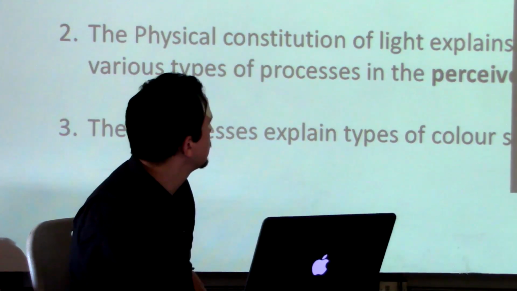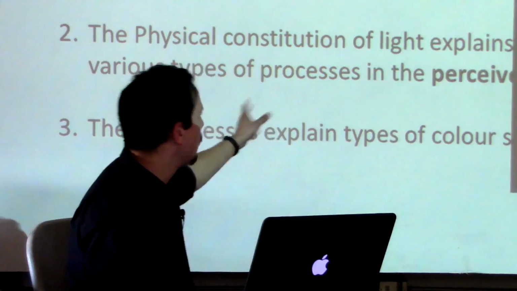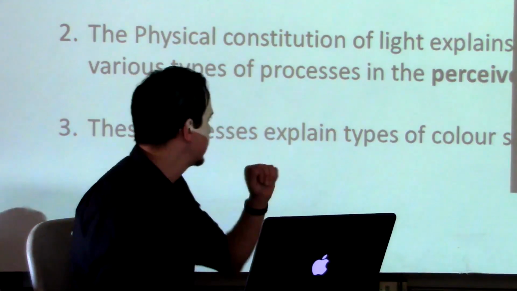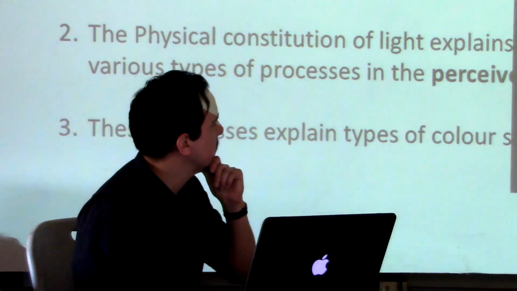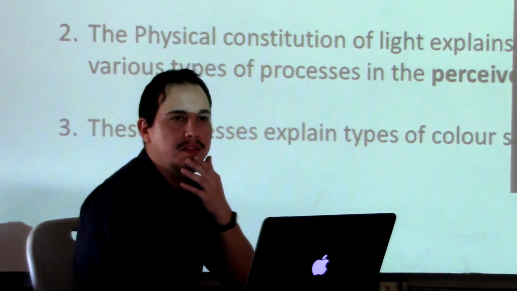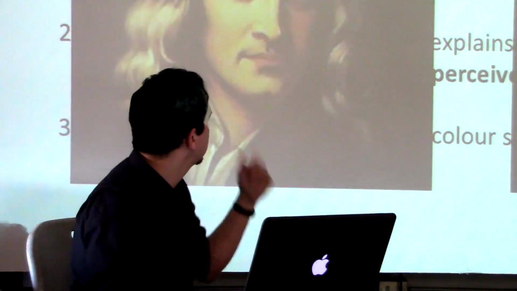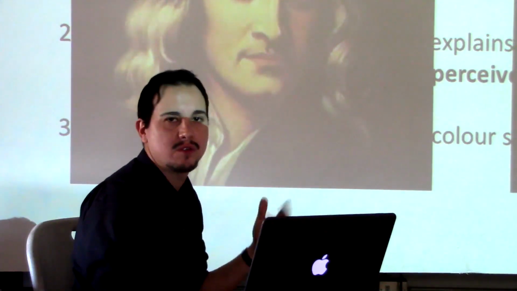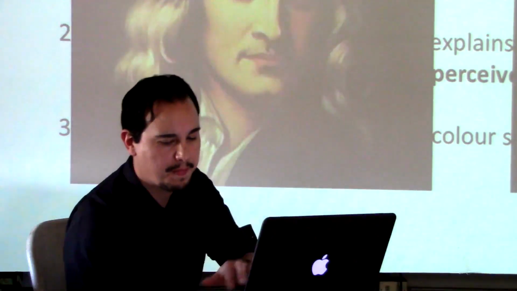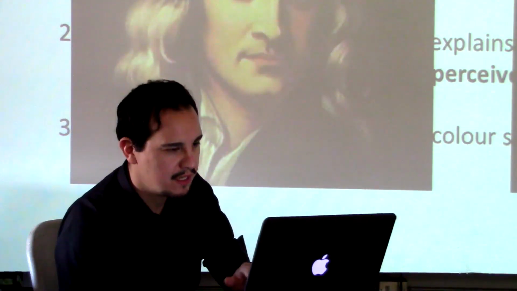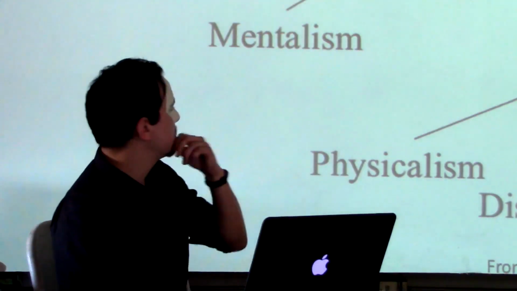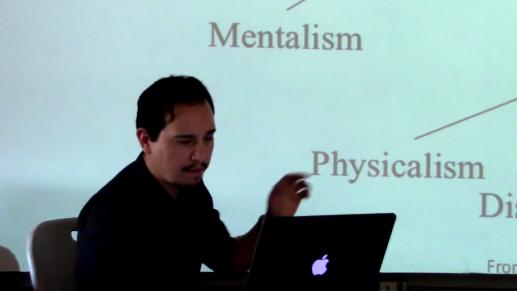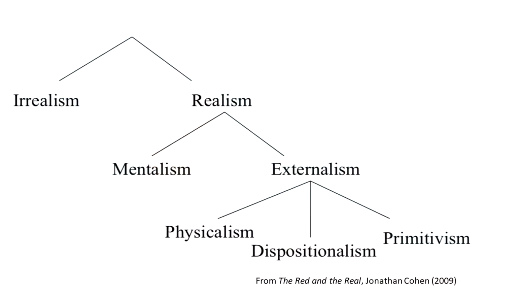So if you are close to this second Newton, the one that puts the accent on the perceiver, you will probably end up with a dispositionalist theory of color. But if you are closer to the first Newton, you are probably going to be an eliminativist. So yeah, I'm not having time to say a lot of things about these theories.